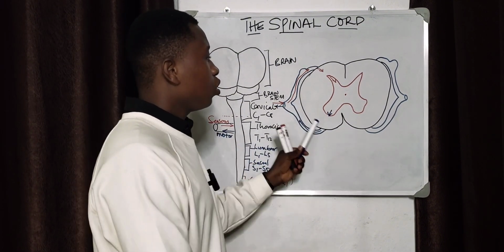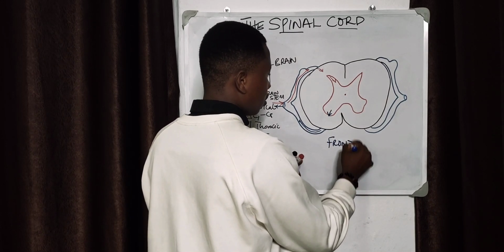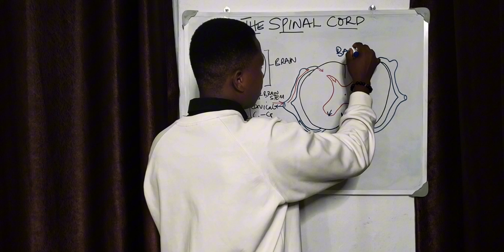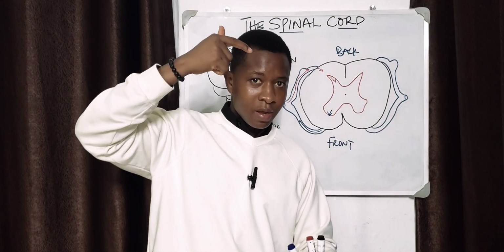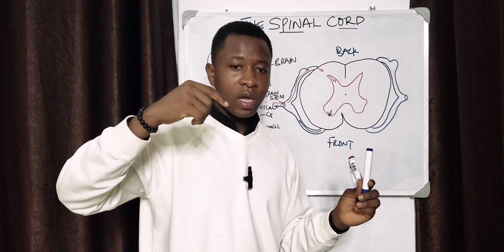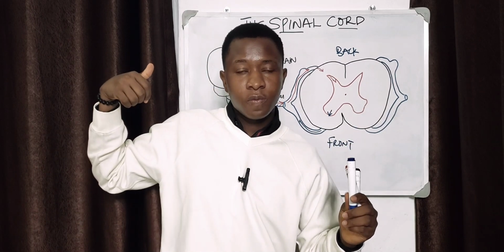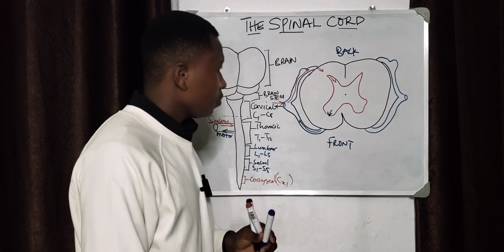Okay, so it goes from the front. So this is the front and this is the back. The sensory nerve always enters from the back. Meanwhile, motor information always comes out from the front. Okay, so that is that.